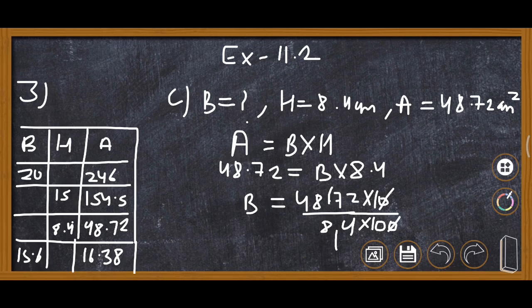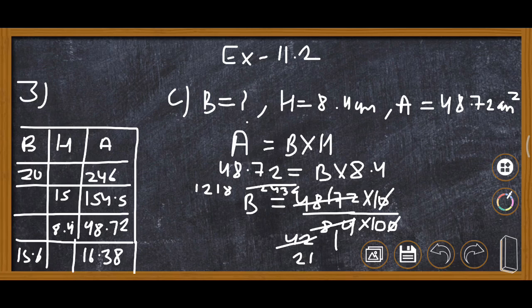Now this is 84 and this is 4872. Now we will reduce it by 2. This is 42 and then this is 2436. Then again this is 21 and this is 1218.